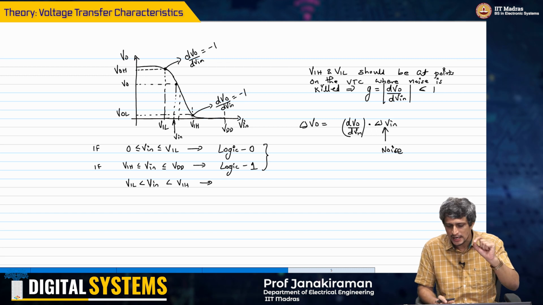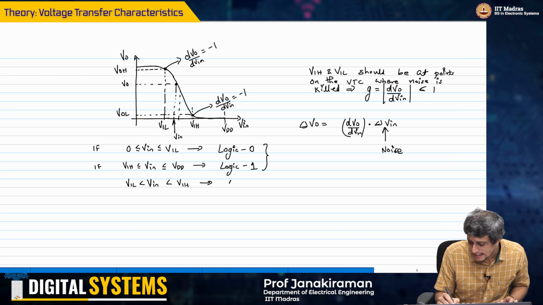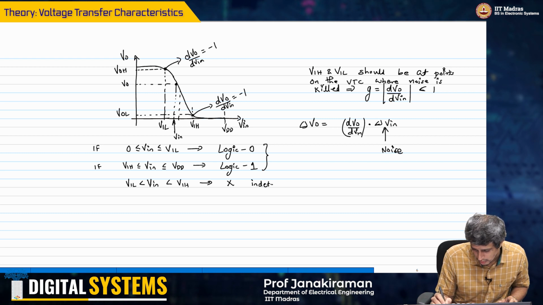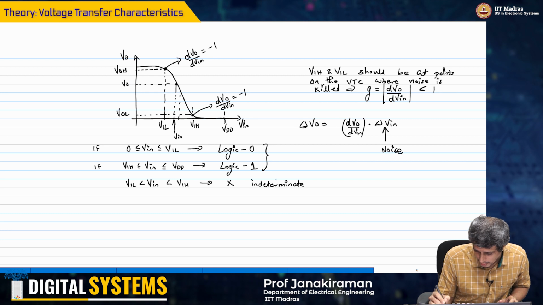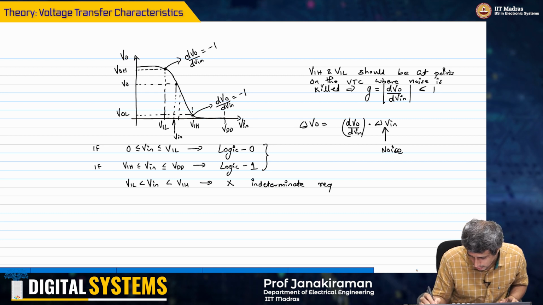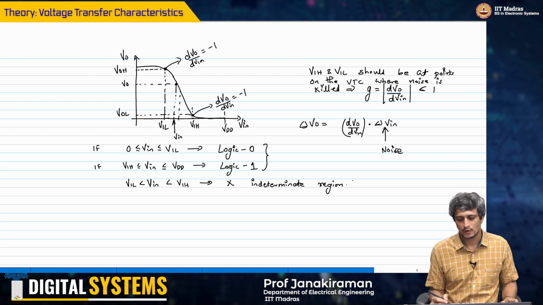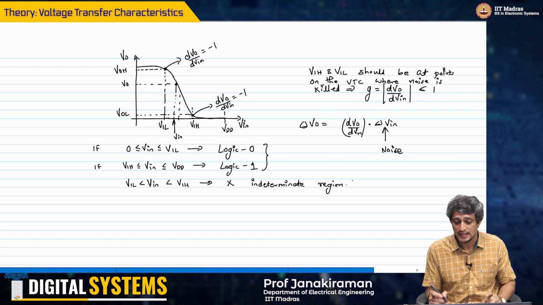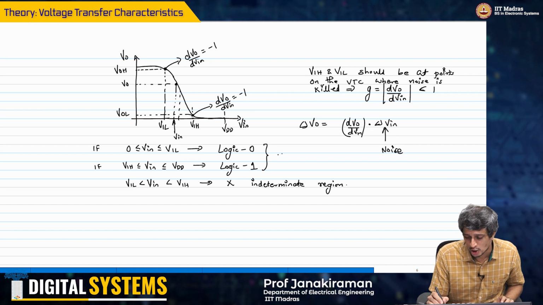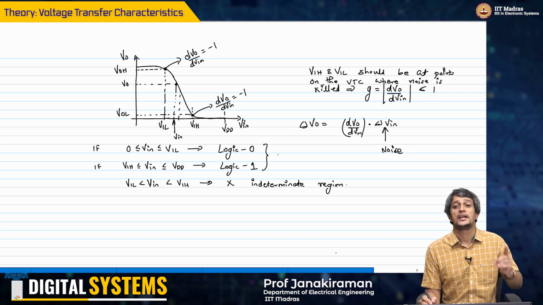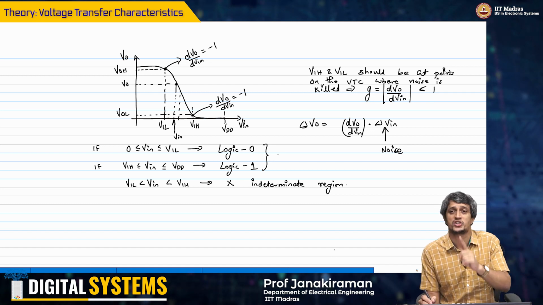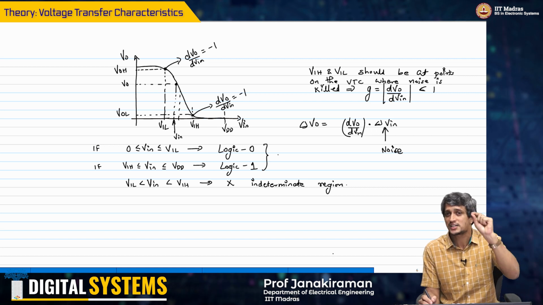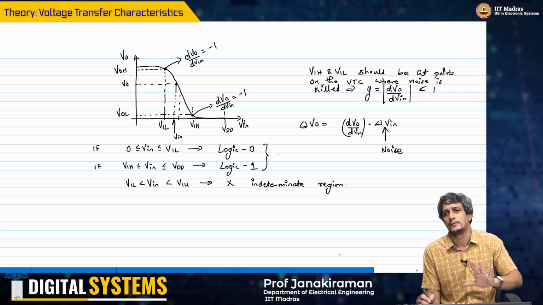So really this is an indeterminate region. Why? Because the output now depends on the noise. In the logic 0 and logic 1 regions, in spite of noise, my output is still consistently logic 0 or logic 1.